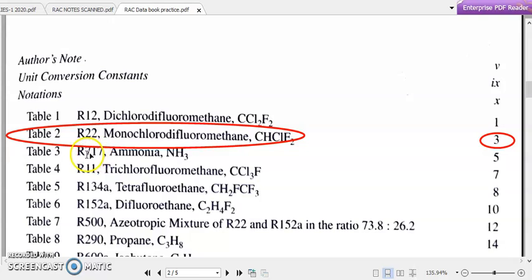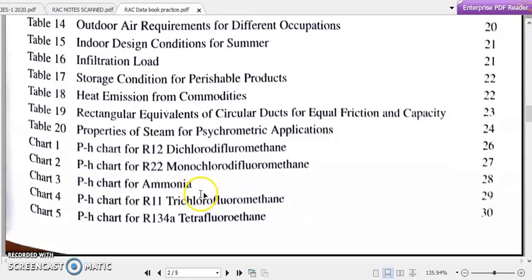If we observe closely, we can find table 2 for R22, that is monochlorodifluoromethane, CHClF2. That is the chemical formula for R22. This is our refrigerant. By referring to the page number, we can go straight to that page.